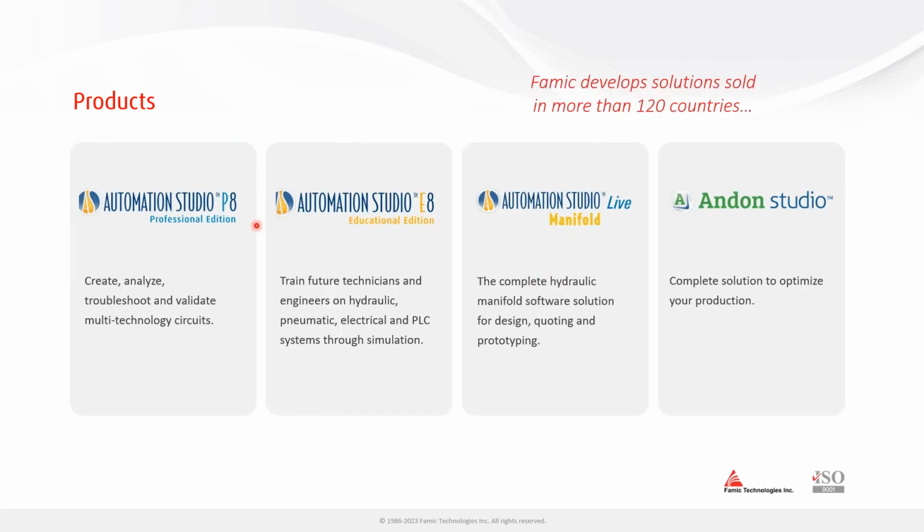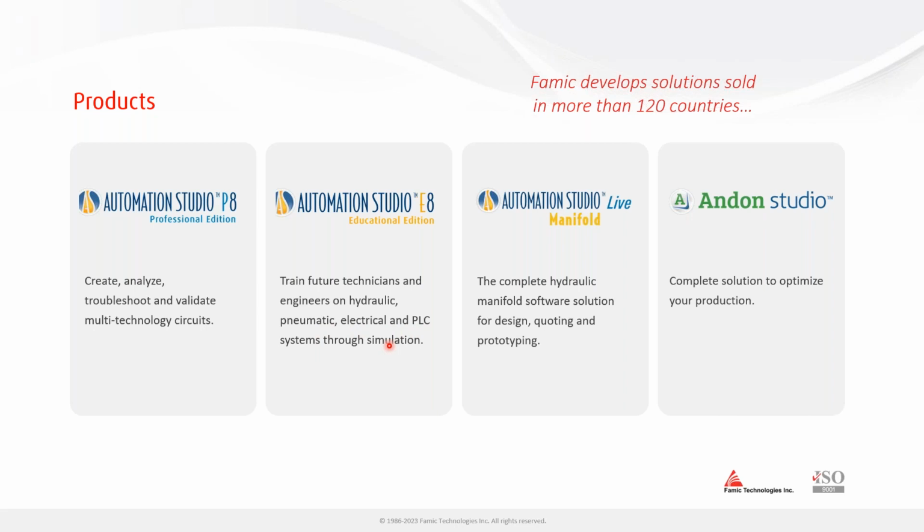So these are our products. We have Automation Studio Professional Edition to create, analyze, troubleshoot, and validate multi-technology circuits. This is the edition which is used by industries only. Then we have Automation Studio E8, the educational edition to train future technicians and engineers on hydraulic, pneumatic, electrical, and PLC systems through simulation.